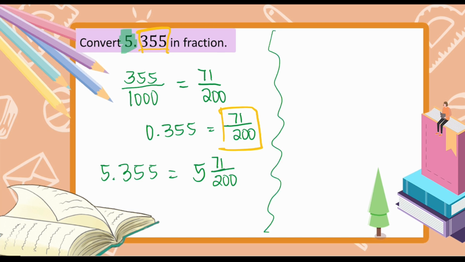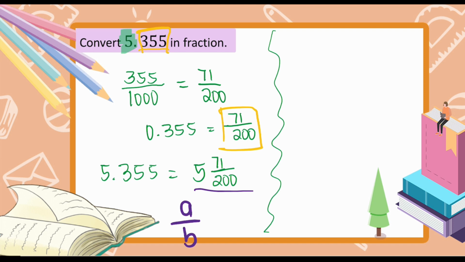But, 5 and 71 over 200 is not yet our final answer. Kailangan magawa natin siya in the form of A over B. So, kailangan ganyan lang. So, for us to make this 5 and 71 over 200 na in the form of A over B, we have to make it an improper fraction.